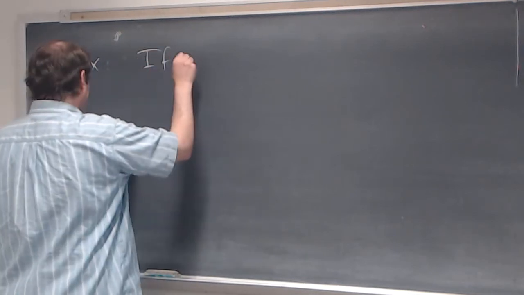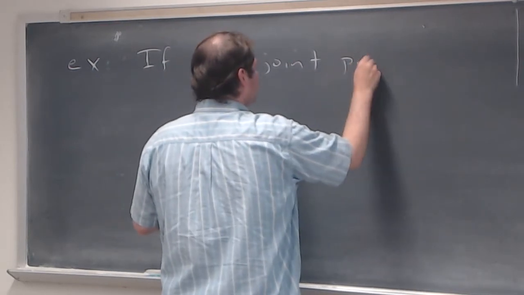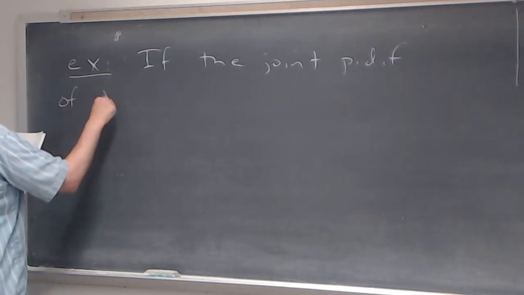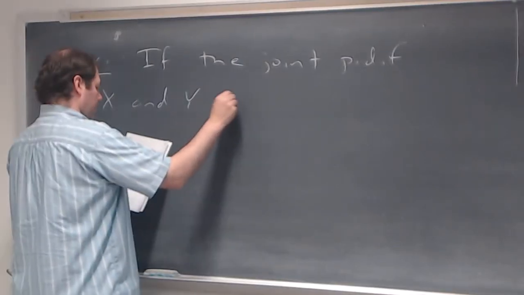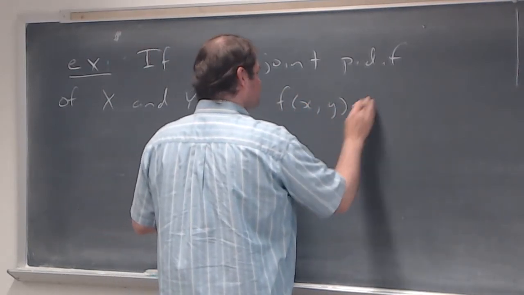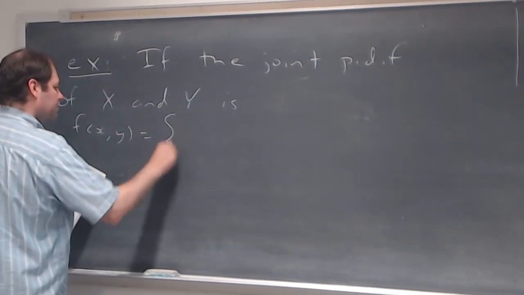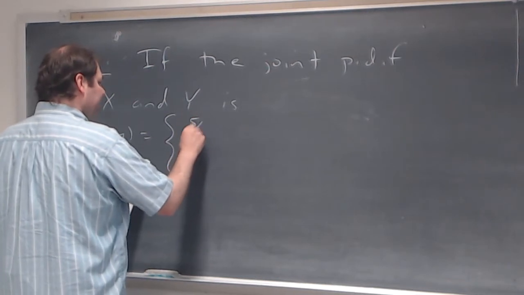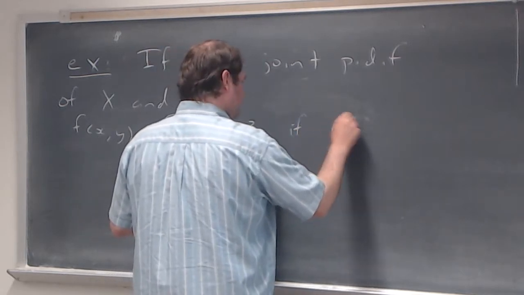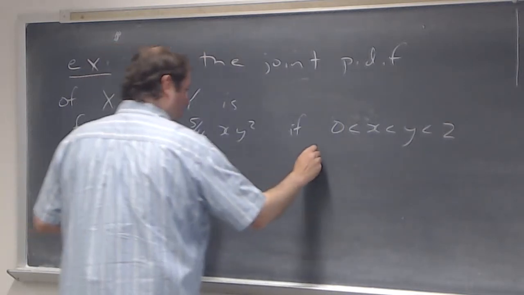So here, if the joint PDF of x and y is f of x comma y equal to, let's write that here, a piecewise defined function: 5/16 xy squared if 0 is less than x is less than y is less than 2, and 0 otherwise.